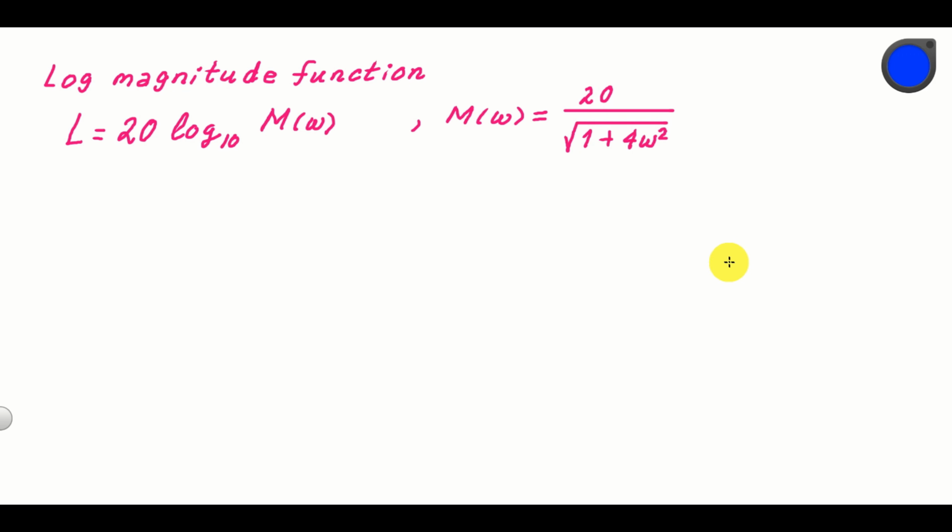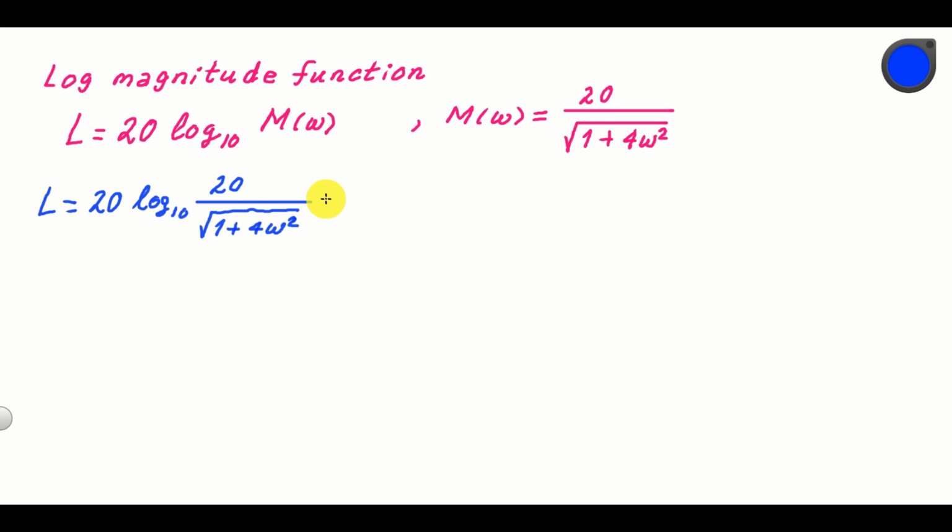Okay, let's start with the log magnitude function and the log magnitude plot. The log magnitude function is defined like this, and here is our magnitude. So let's compute this log magnitude function for our case. It's 20 log 10 of 20 over the square root of 1 plus 4 omega squared.